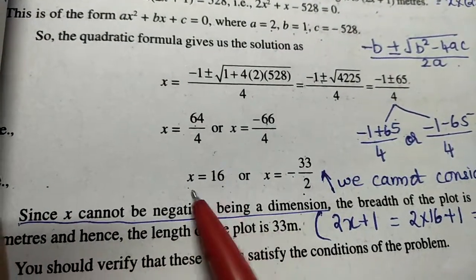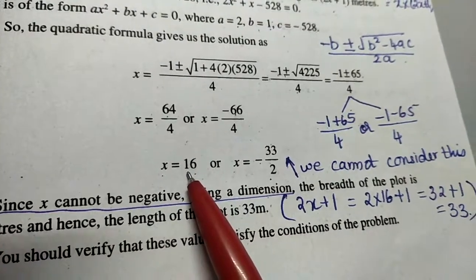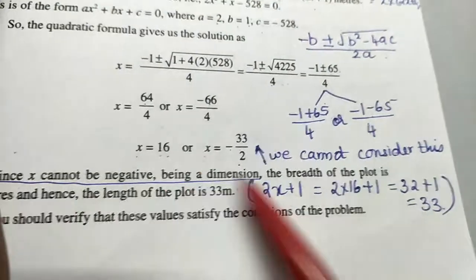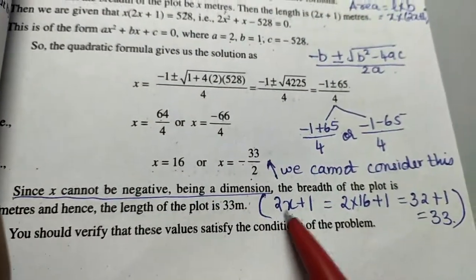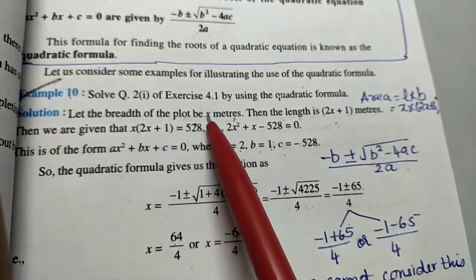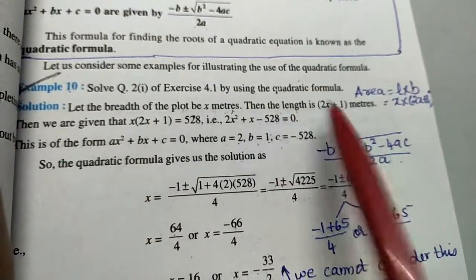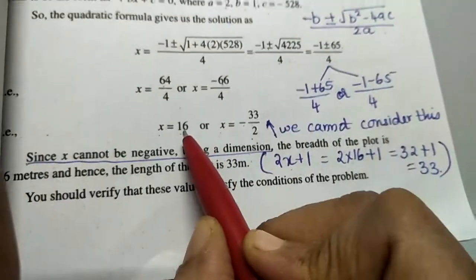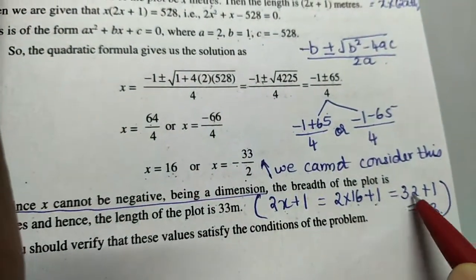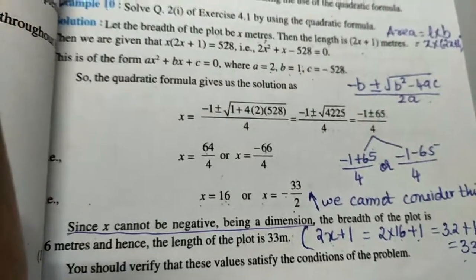So only this root can be considered. Okay, so we can put this value of x in and we'll get the dimension because we have got breadth is equal to x and length is equal to 2x plus 1. So breadth we already got 16, length is 2x plus 1, that is 2 into 16 plus 1, that is 32 plus 1, that is 33.